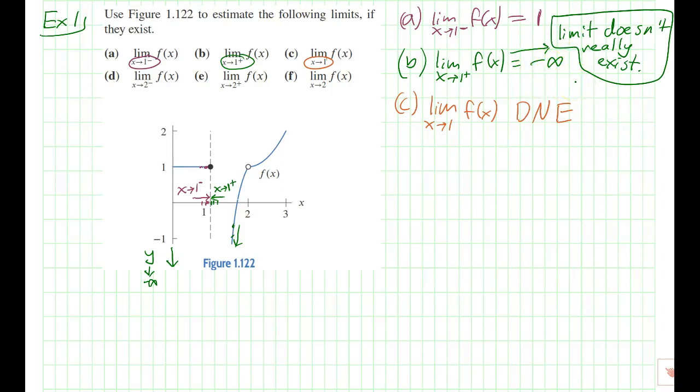All right, so let's look at D, E, and F, where we look at the function values around x equals 2. Let's do the one from the left first. That's going to be part D, the limit as x approaches 2 from the left.